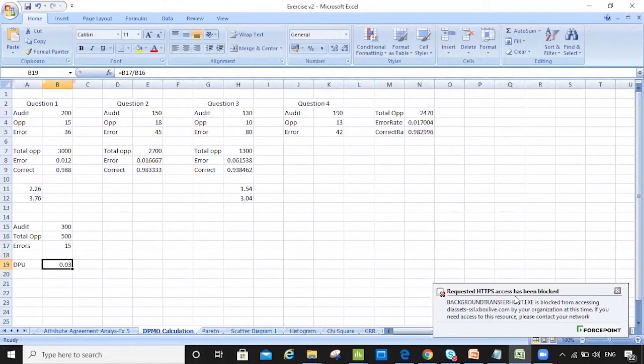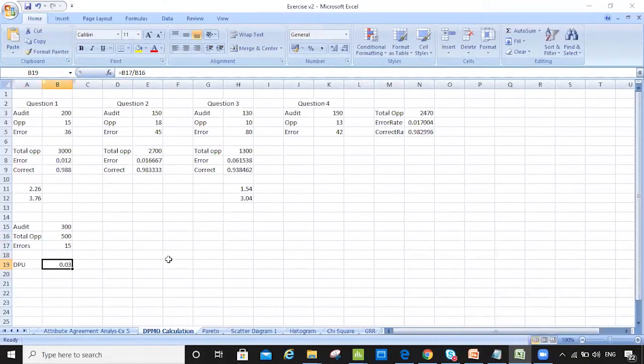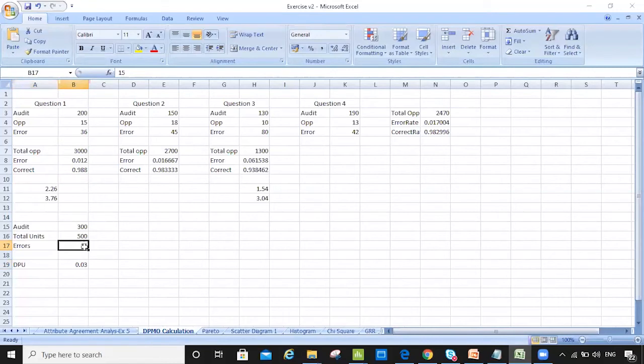So my DPU would be 0.03, defects per unit. Total units is 500, and I can mention units here so that you understand it well. The errors that I have are 15.